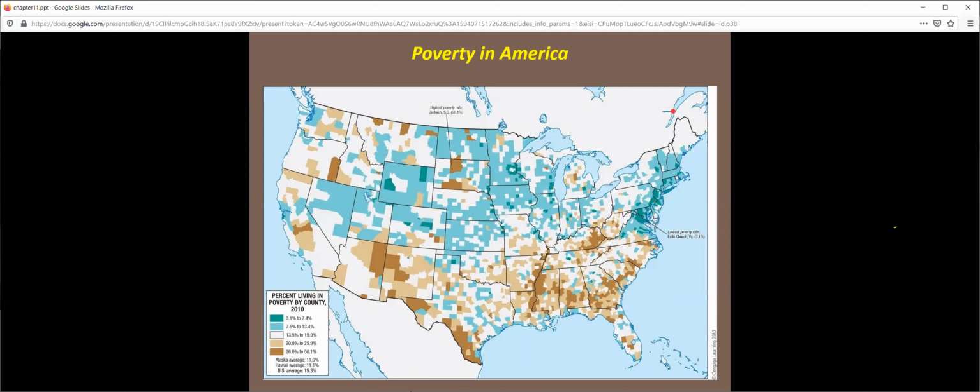Where is poverty situated in America? Poverty is mostly situated in the South, specifically the Southeast, the old Confederate States. The majority of the poorest per capita states in America are your Georgia, your Alabama, your Mississippi, your Tennessee, things along those lines.